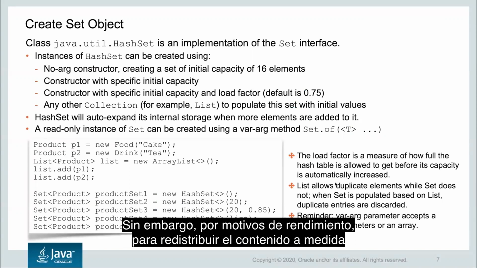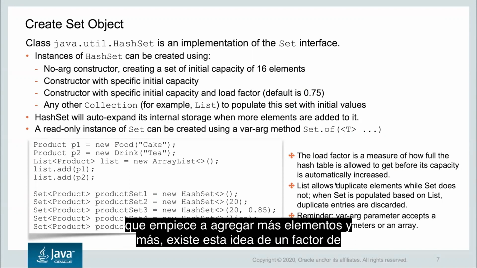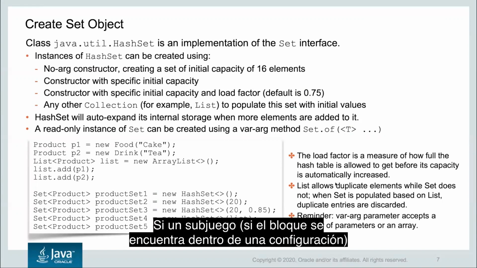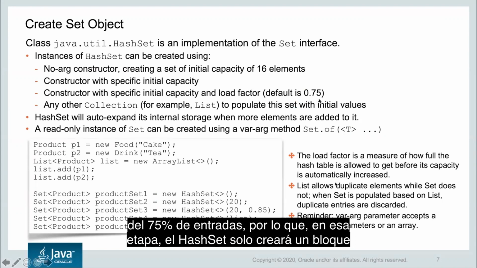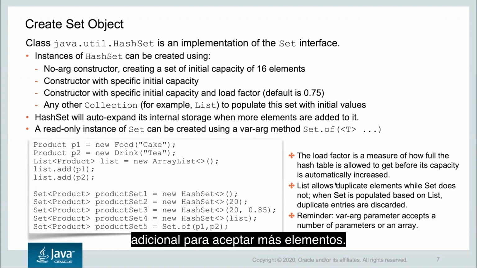But then, for performance reasons, as you start adding more and more elements, the subset of the bucket within a set grows over a certain capacity. So when more than 70 entries are already added, at that stage the hash set will create an additional bucket to accept more elements.